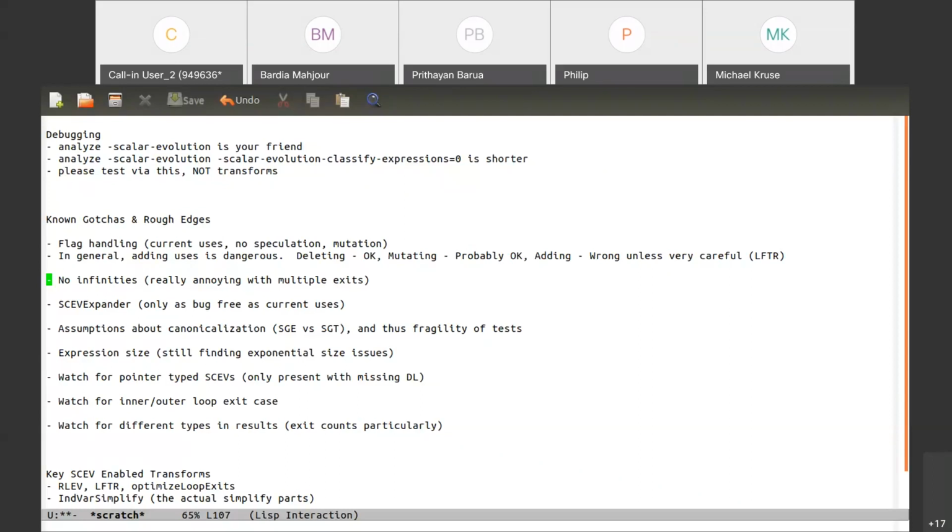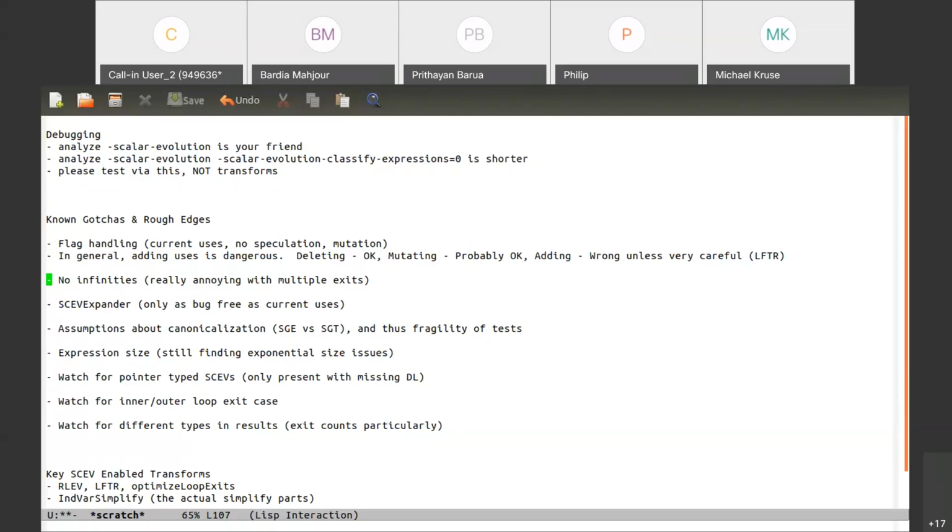We'll see. The basic thing about flags in SCEV is that the flags on a SCEV expression are potentially mutated when any use of that SCEV expression is found to have those flags valid. What this ends up meaning is that the flags on the expression are valid for the current set of uses.